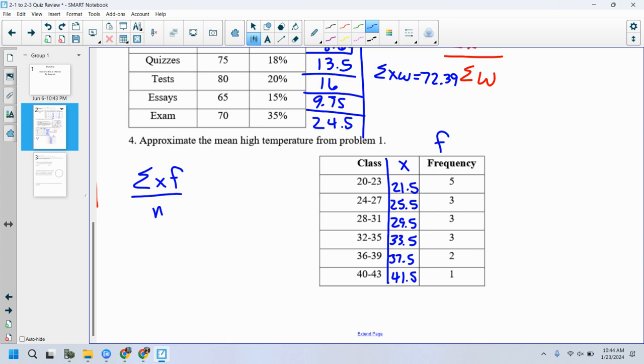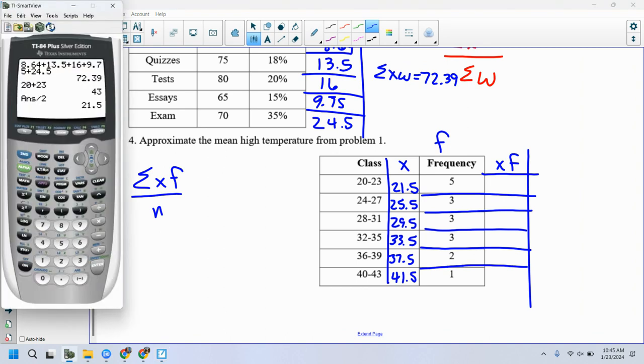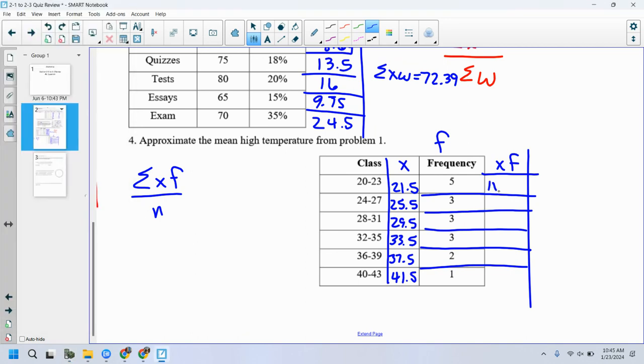Okay. So now I take XFs. I'm going to add a new column here. Call that XF. And let's multiply 21.5 times 3. Oh, no, sorry. 21.5 times 5, excuse me. 107.5.